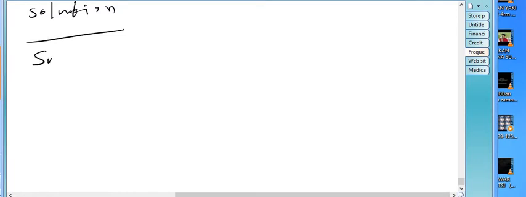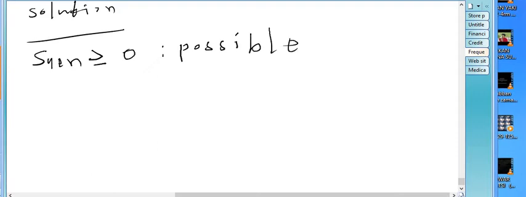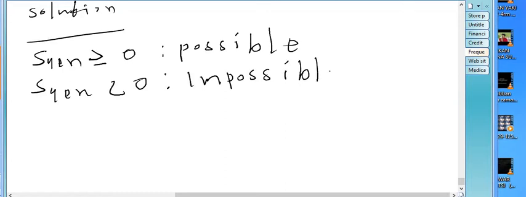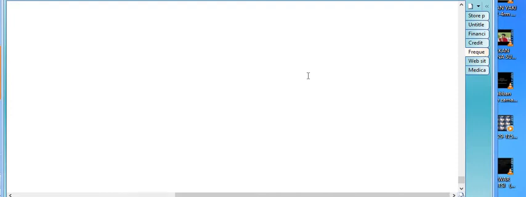The entropy generated for a system greater than or equal to 0 is possible, that is, the process is either reversible or irreversible. And if the entropy generated is less than 0, the process is impossible. Now we apply this condition and thermodynamic argument to see whether each process is possible or impossible.